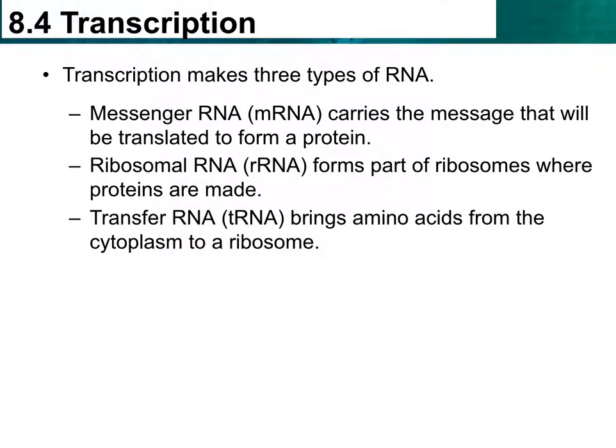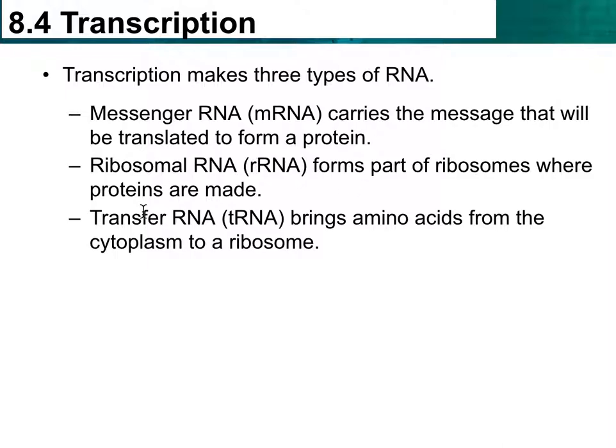Last thing here are the three types of RNA. You have messenger RNA, or mRNA, that carries the message that will be translated to form a protein. We have ribosomal RNA, or rRNA, that forms part of the ribosomes where the proteins are made.